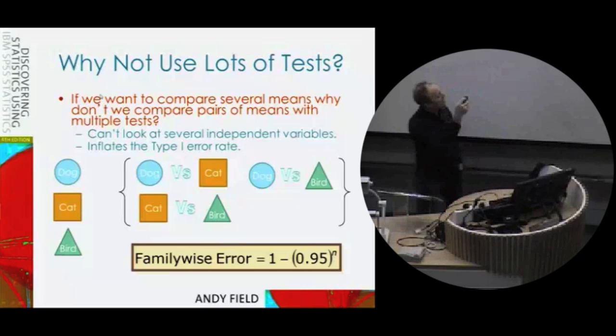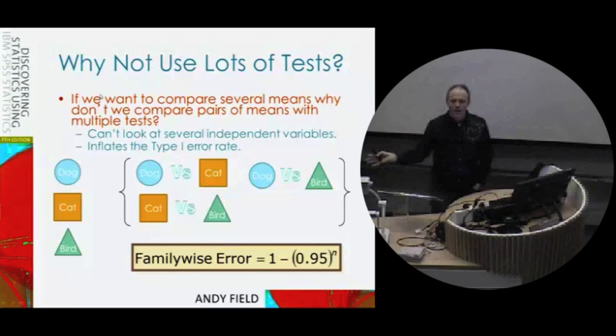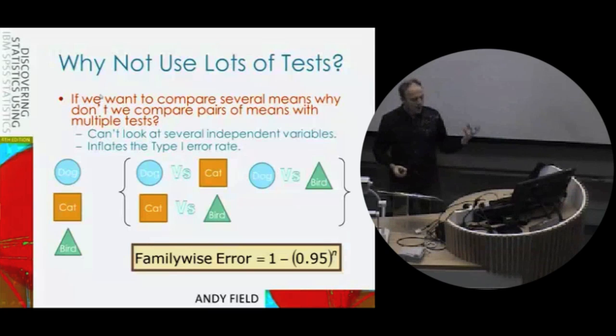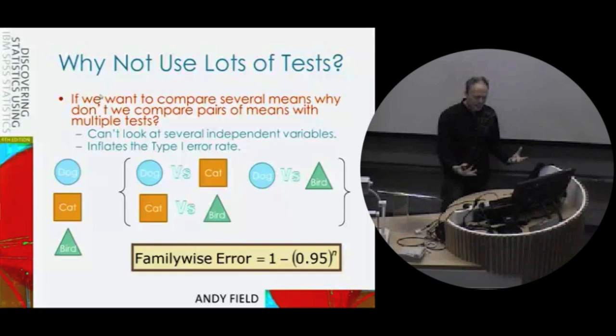We've done 3 different tests here. So if we did 0.95 to the power of n and then subtracted it from 1, you'd work out that there's about a 14% error rate. So we started off wanting, ideally, to have a 5% error rate. That's what we accept as being sufficiently small that we can go ahead and do what we're doing.